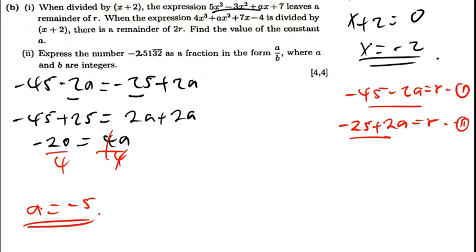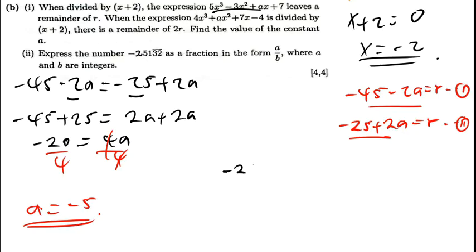Okay. Now, in a case where sometimes they were trying to ask us also to find r, you choose any equation here since you have got a. But in this case, the question is just asking us to find constant a, which is negative 5. Done. But in a case where the question was asking us to find a and r, for r, you choose any equation.